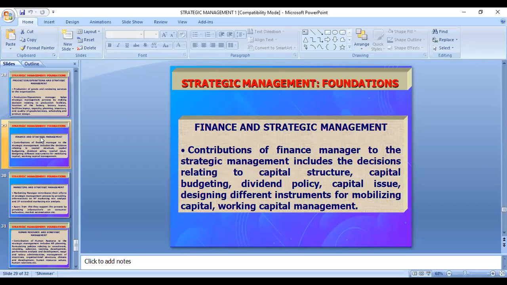During this situation, it was very difficult to make payments to employees, very difficult to get payments from suppliers, and very difficult to arrange the capital, the working capital. In this case, how the organizations should run and how we should manage all these things, that is called finance and strategic management. Next.